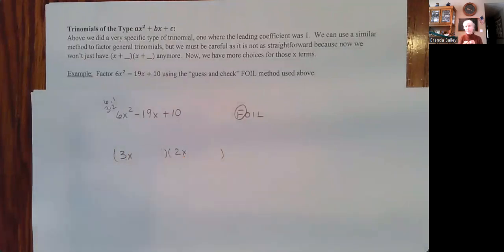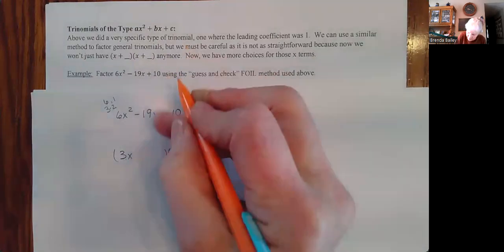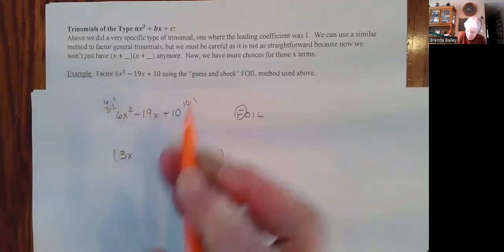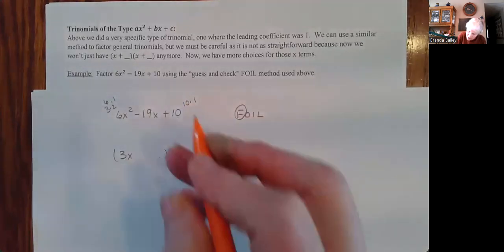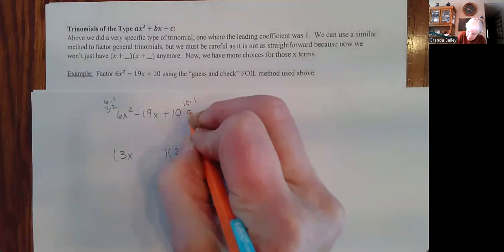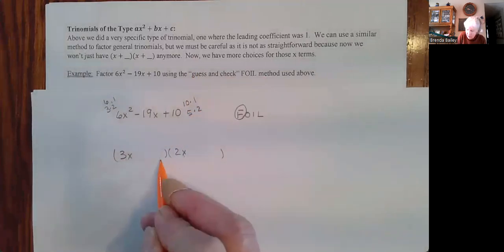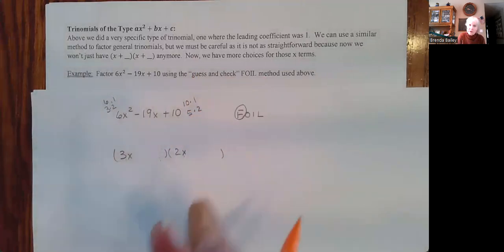I'm hoping that the 3x and the 2x work. Now the 10, what gives you 10 choices? We could do 10 times 1 and put those in the spots, or we can use 5 times 2 and put those in our spots. You have to try them both.